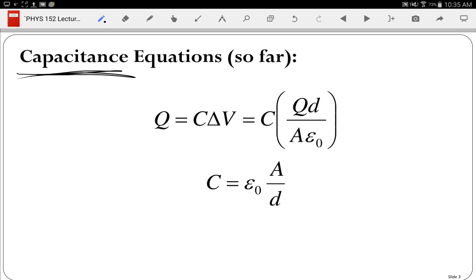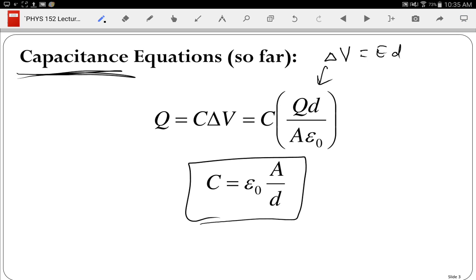And then using the equation for electric field that we just found and the fact that the voltage difference is equal to electric field times the distance, we can substitute for the voltage difference, and we find that the capacitance has a physical value of epsilon 0, the permittivity of free space, multiplied by the area of the plate and divided by the separation of the plates. A physical calculation. And we went through last class period, the units are farads.